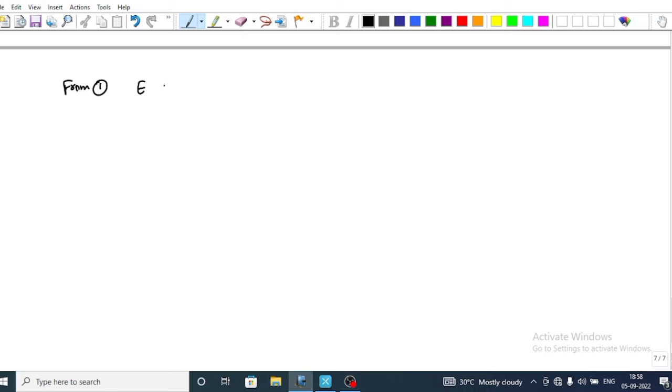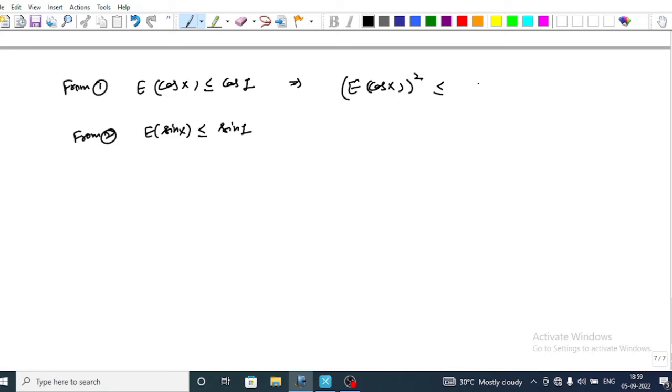Now from 1, expectation of cos x less than or equal to cos of 1, and from 2, expectation of sin x less than or equal to sin of 1. Now this implies that (expectation of cos x) square less than or equal to cos square 1, and this implies that (expectation of sin x) power 2 less than or equal to sin square 1, say 3, say 4.